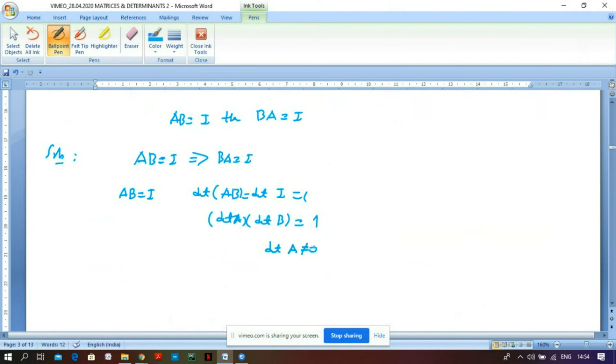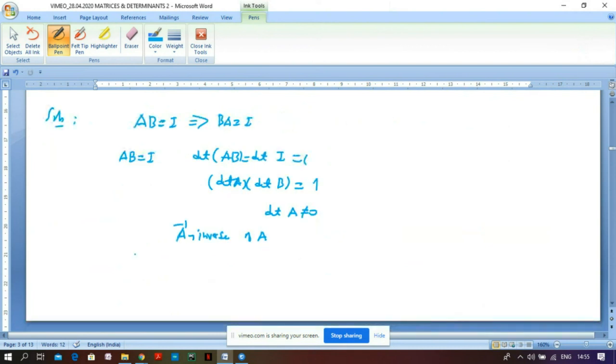We already know that det of A not being 0 is a necessary and sufficient condition for A inverse to exist. A inverse is unique, so we denote it by A inverse. So the inverse of A exists because det of A is not 0.